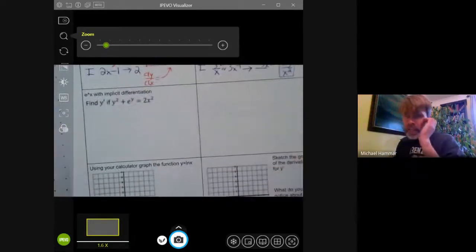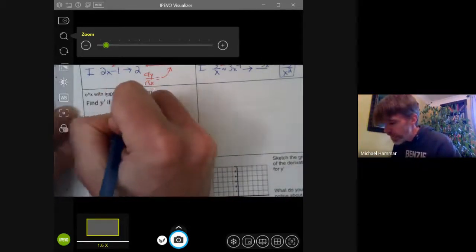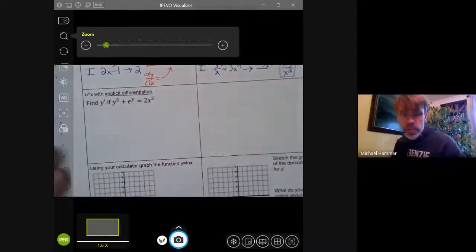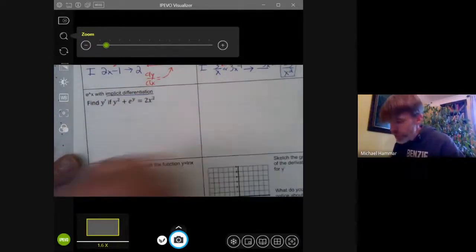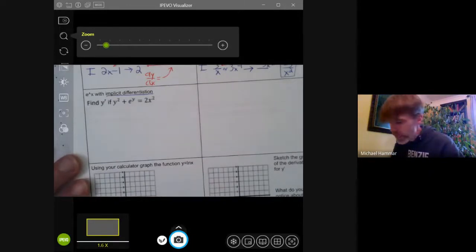Now, we can also use this when we have to do implicit differentiation. So we can use e to the x, and we can find a derivative with x's and y's in it. So let's see how we would use e to the x with implicit differentiation. So the first rule of implicit differentiation is to differentiate everything with respects to x.